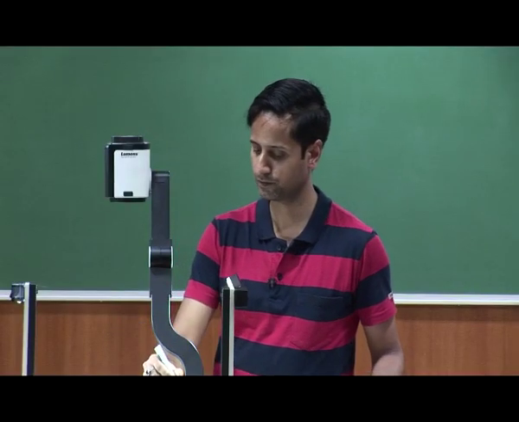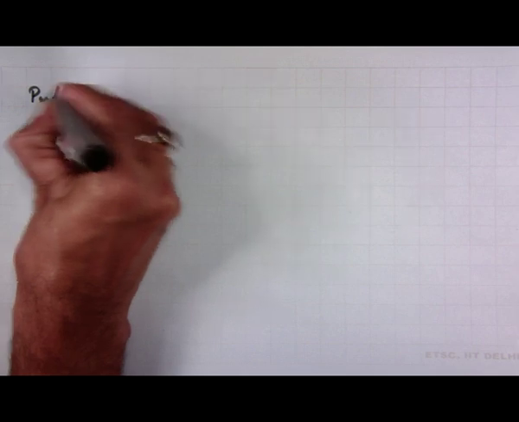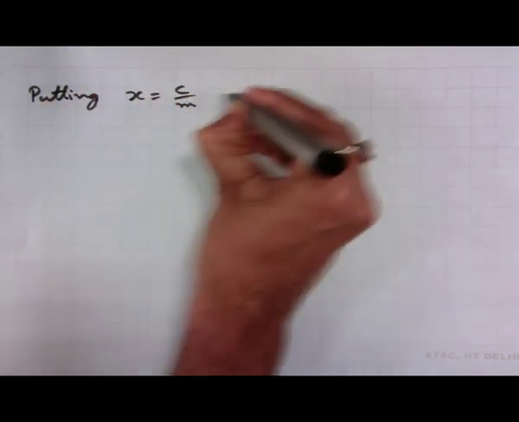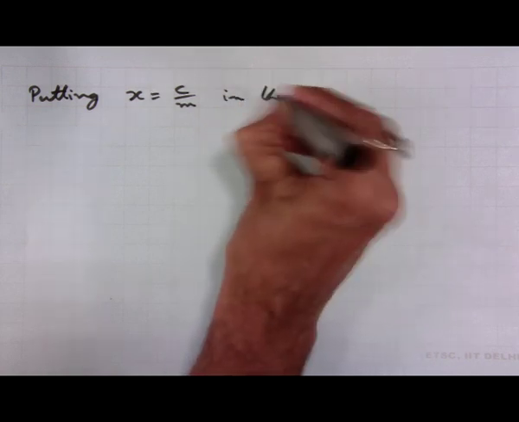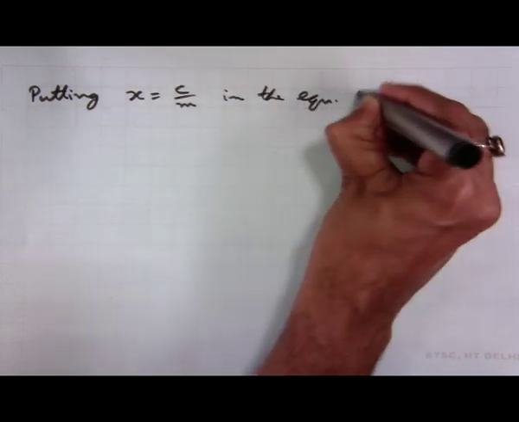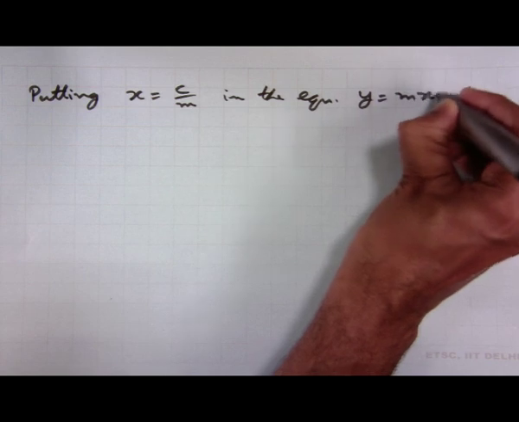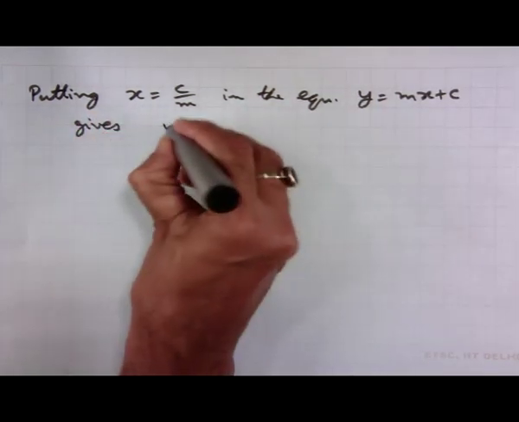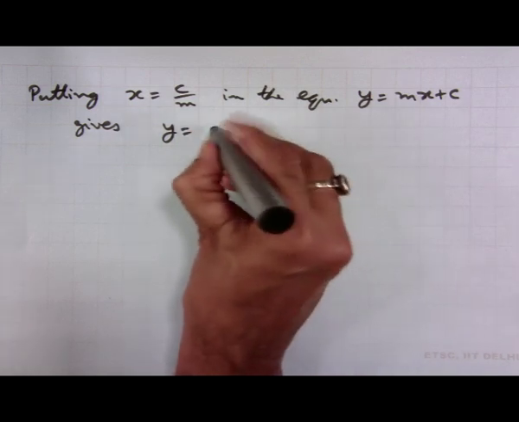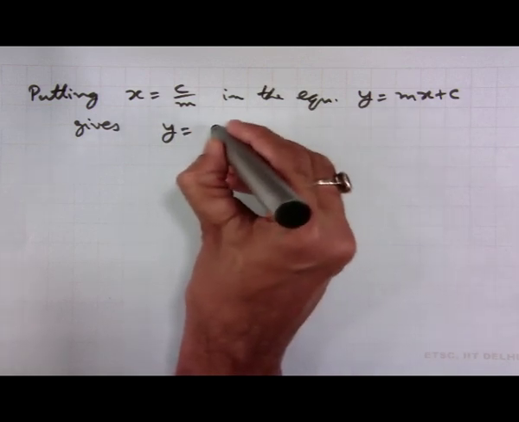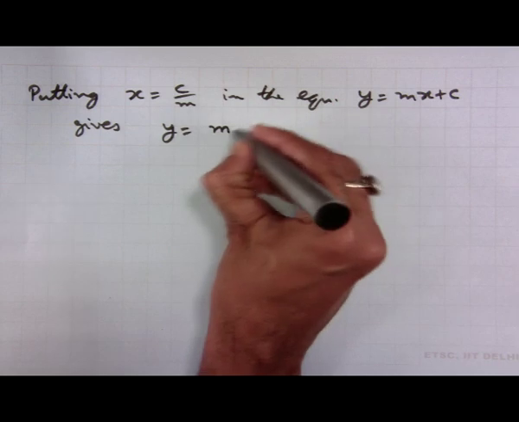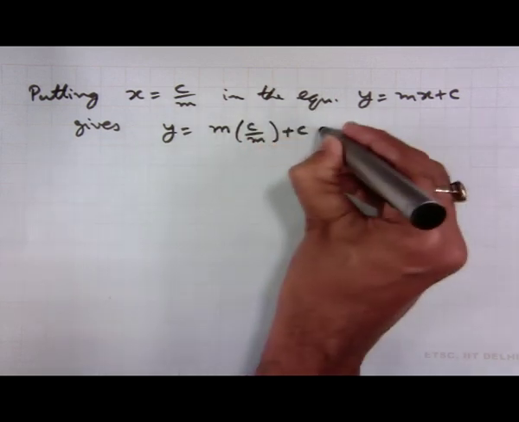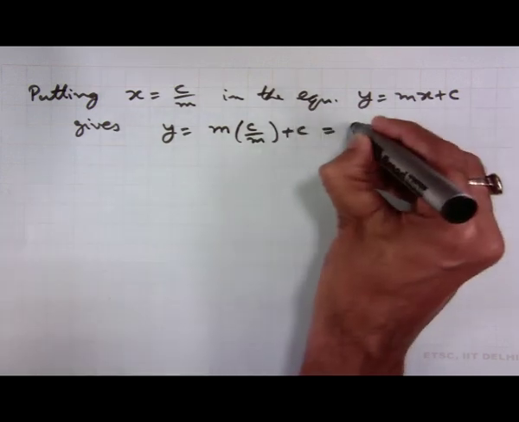And putting x equal to c by m in the equation y equal to m x plus c gives y equal to m times (c by m) plus c, which is equal to 2 c.